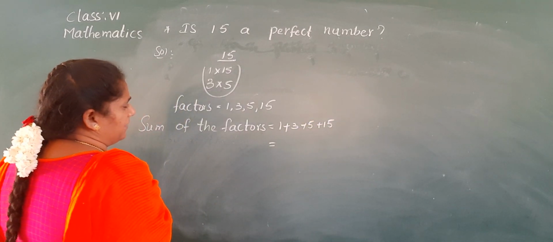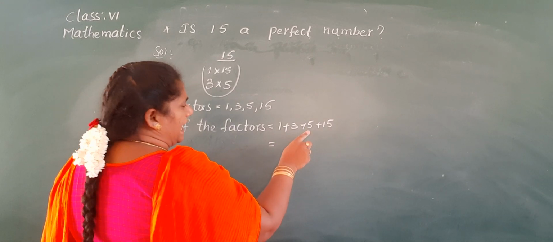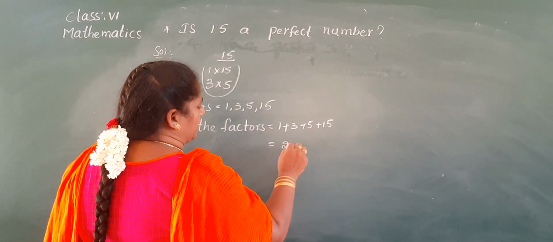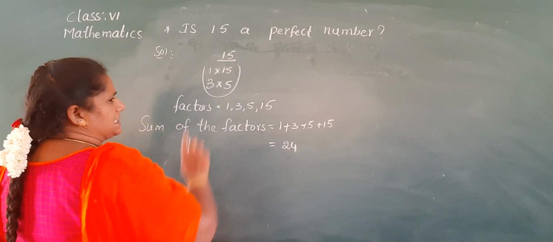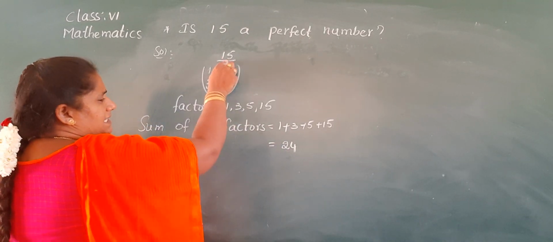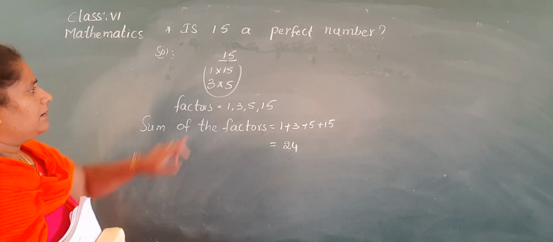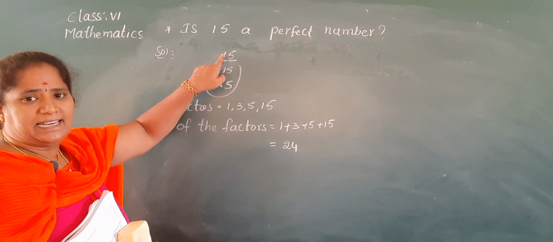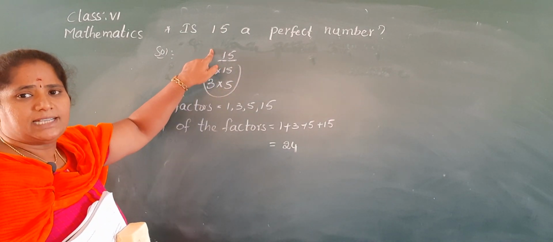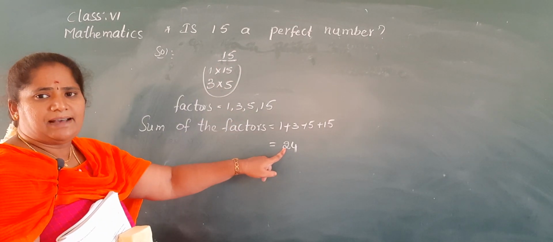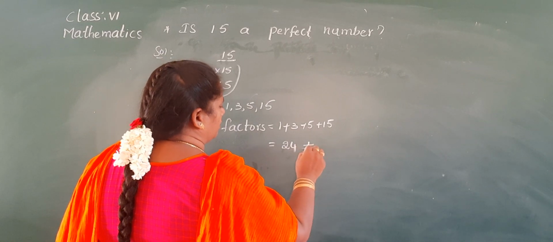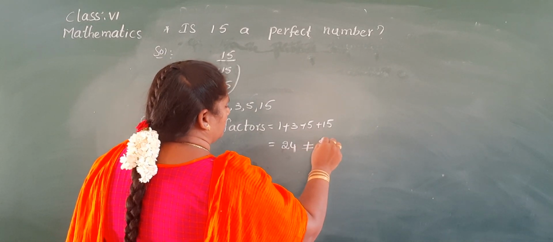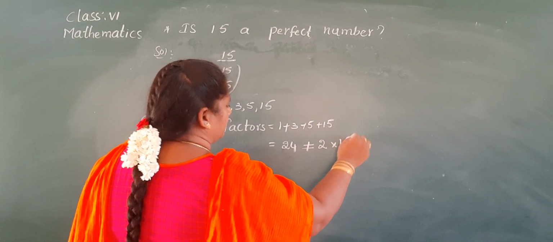So 1 plus 3, 4. 4 plus 5, 9. 9 plus 15, 24. So can we write the 24 as twice this number? Twice means you should multiply the number by 2. 15 2s are 30. Is it equal to this sum? No. So here 24 is not equal to 2 into 15.